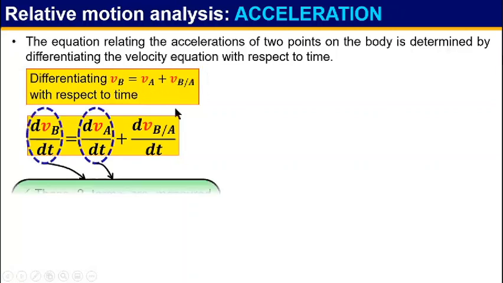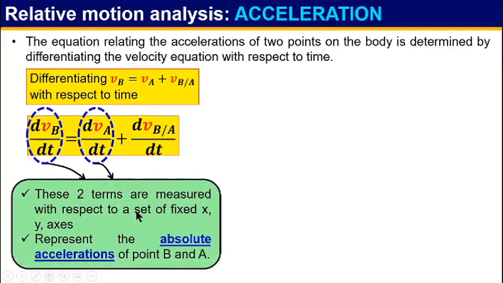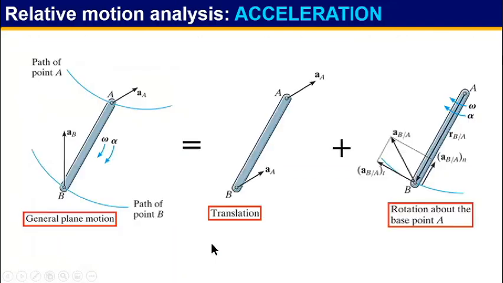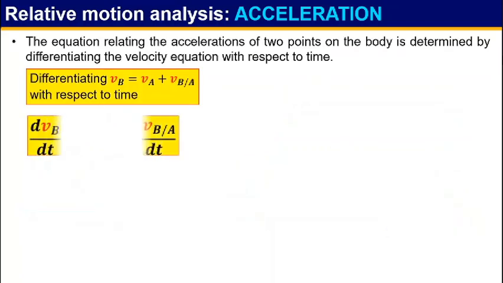Now, these two terms are measured with respect to a set of fixed x and y axes. This axis was already explained in chapter 3, part 1 of the video. These two terms actually represent the absolute accelerations of point B and point A. So, AB and AA are the absolute accelerations of those particular points.